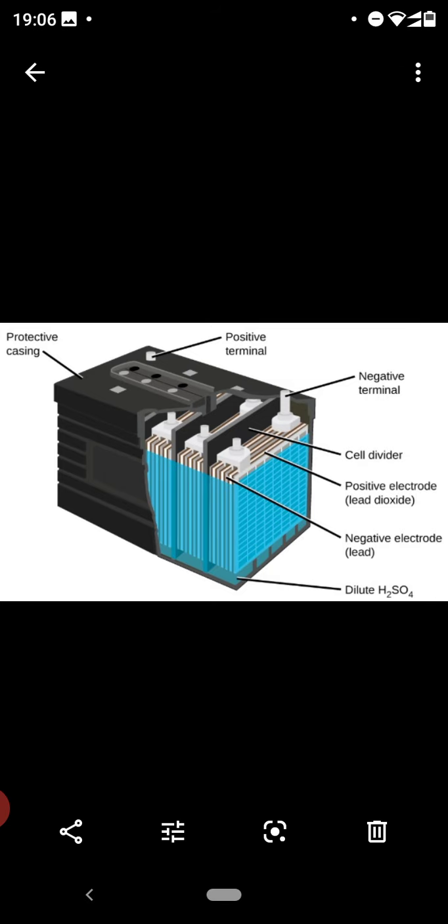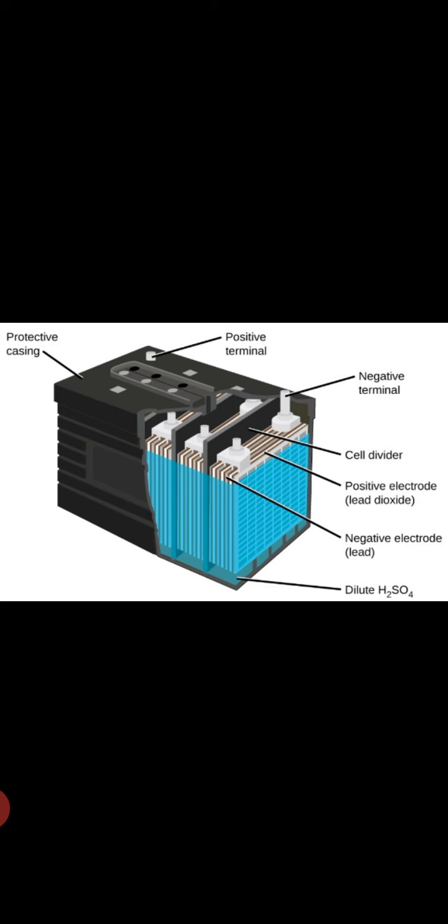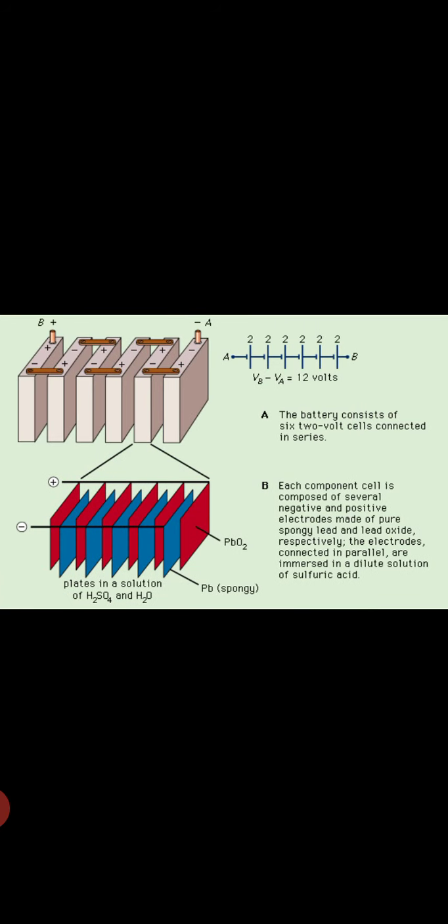Clear? For that reason. Now I can show you the internal arrangement here. See, the blue one is the lead, and PbO2 is your cathode. Got it? You can see even the color, the negative charge is given. The negative is the blue one, which is the spongy lead.